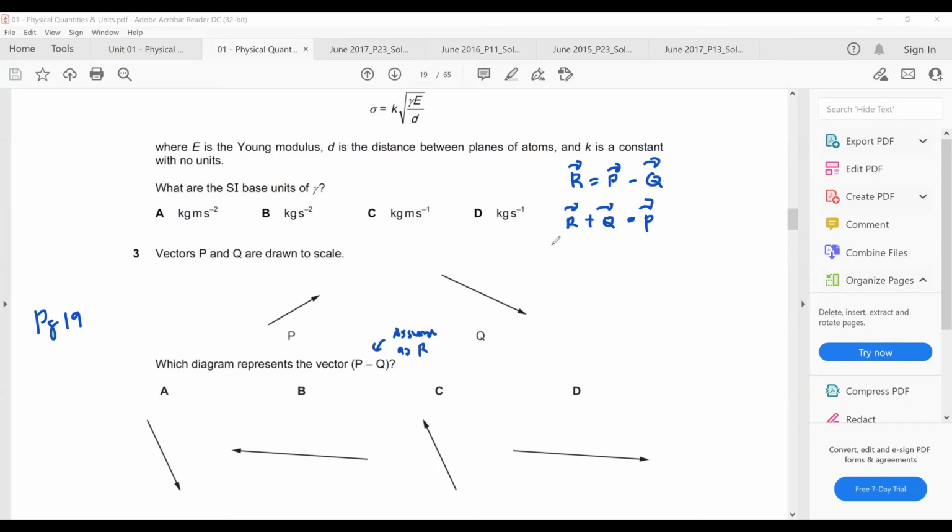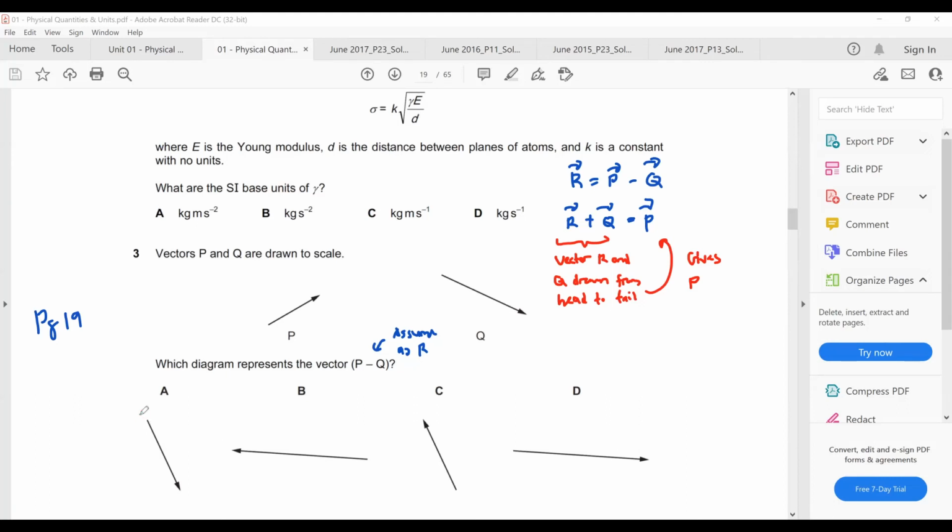So this in turn tells me vector R and Q drawn from head to tail gives P. So from here, you want to find this relation.